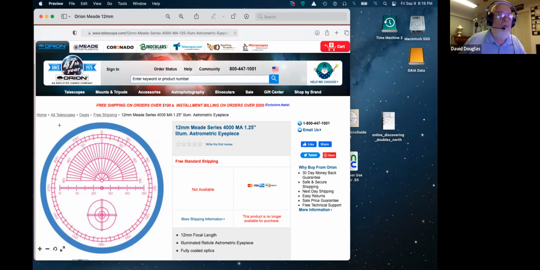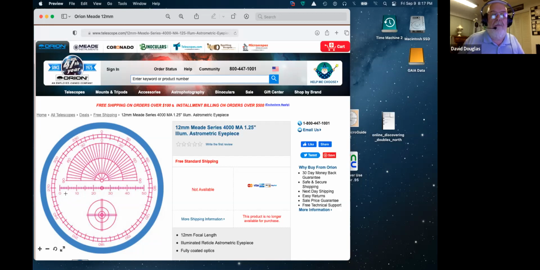And this is within an eyepiece, and you would have your stars in the background where you can actually measure the angle. And then along the scale here in the middle, you'd be able to calculate based on calibration what the distance was between the two objects.